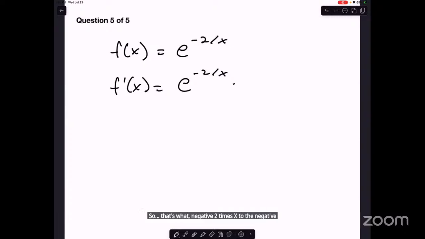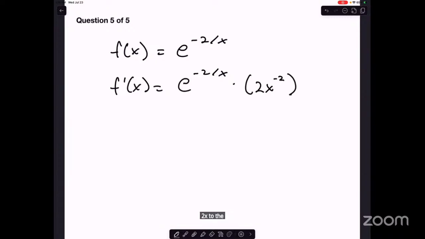When you take the derivative, the negative comes down, so the double negative becomes a positive 2x to the -2.